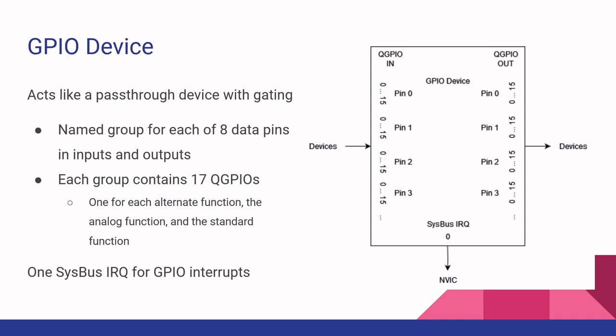Each of those groups has 17 QGPIOs: one for the standard function, one for the analog function, and then 16 for each of the port control alternate functions. Then there's one sysbus IRQ that we use to connect to the NVIC for each port. There's one of these GPIO devices for each port, so there's 6 in total.